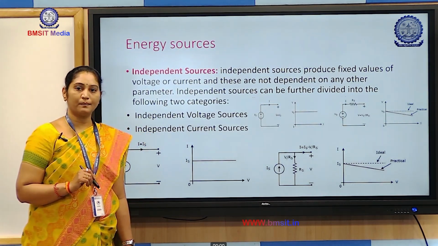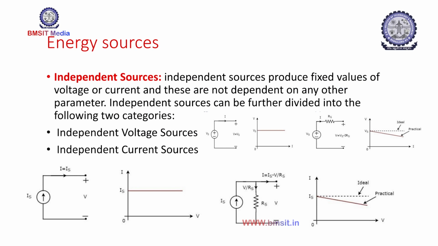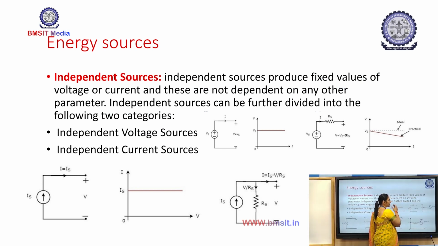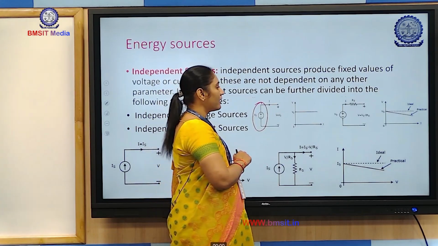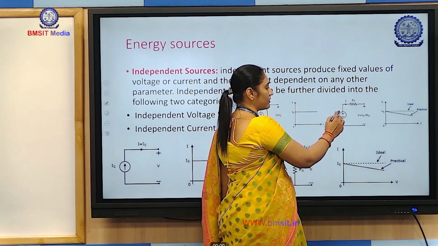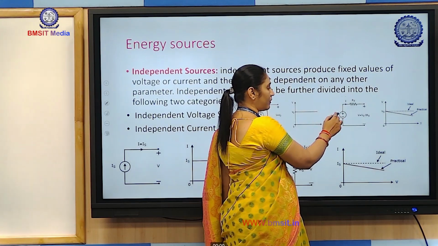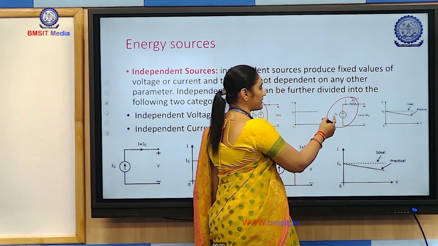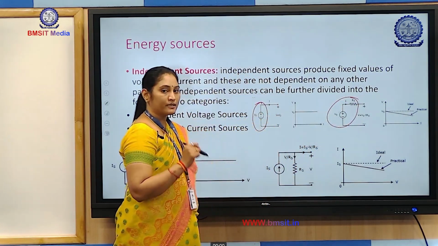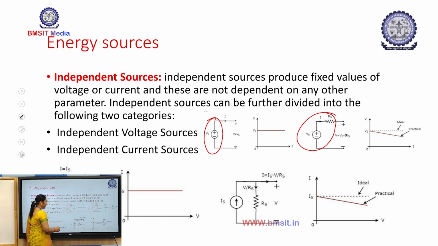When it comes to practical sources, we find the voltage source is followed by a resistor. This is your ideal source. In the practical voltage source, it is followed by a resistor, and then we call it a practical source. Similarly, for the current source, this is the ideal source.